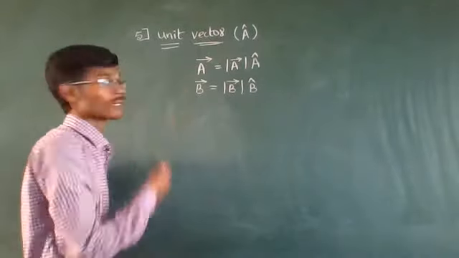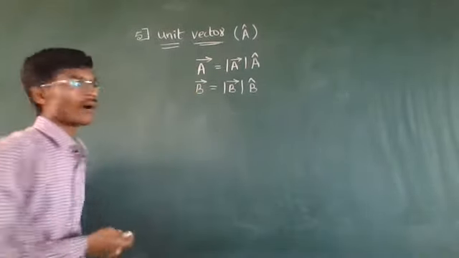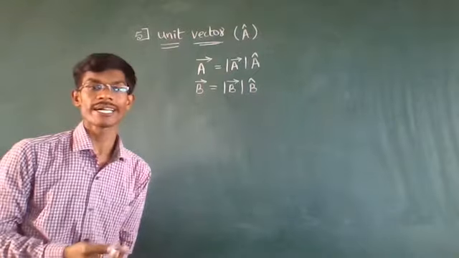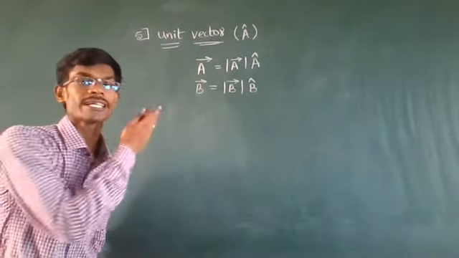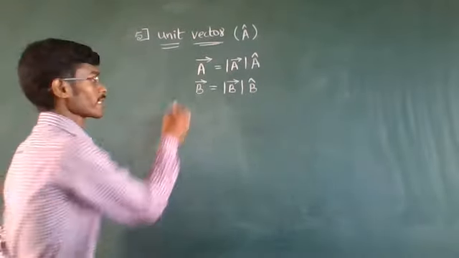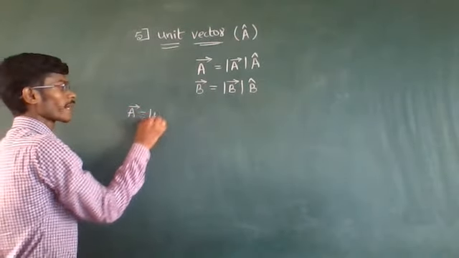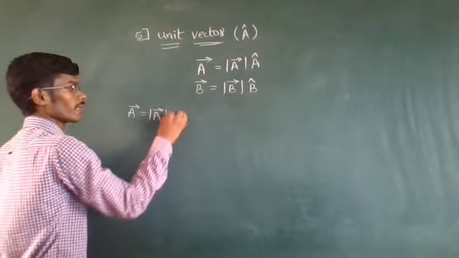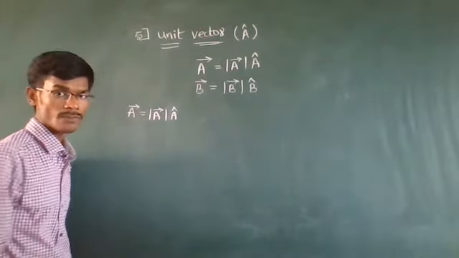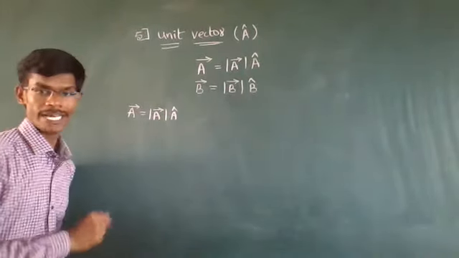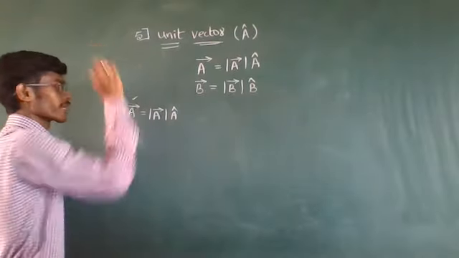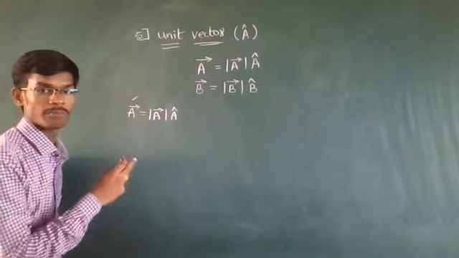From this a bar and b bar, how can we write the unit vector of a bar and the unit vector of b bar? If you consider the a bar vector, a bar is equal to modulus of a bar times a cap. This is the representation of a vector, which has both magnitude and direction.